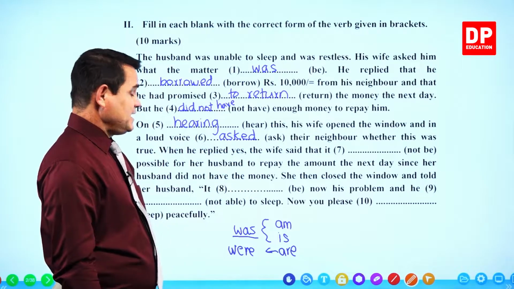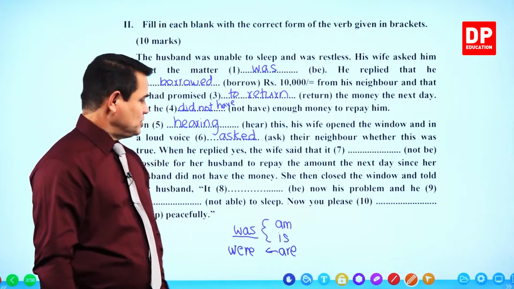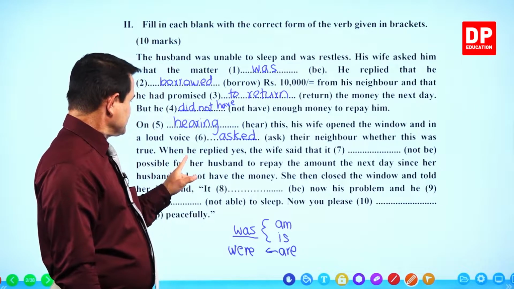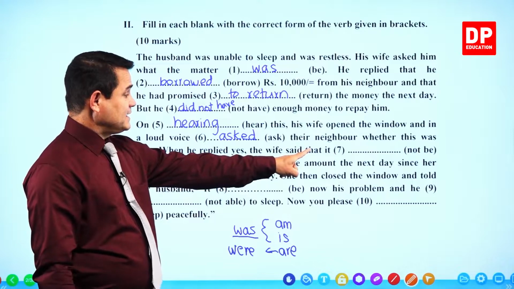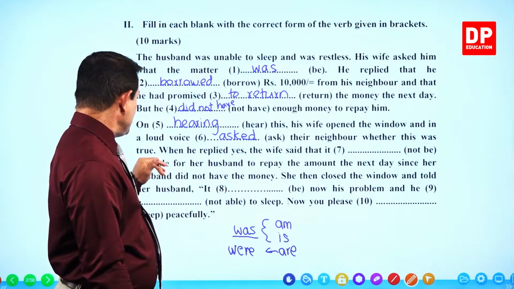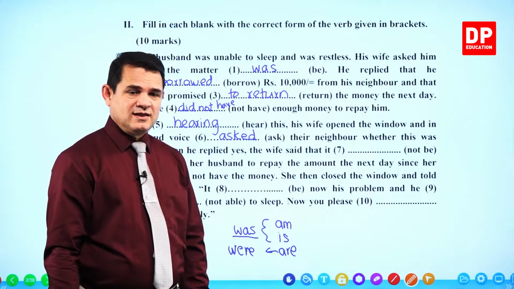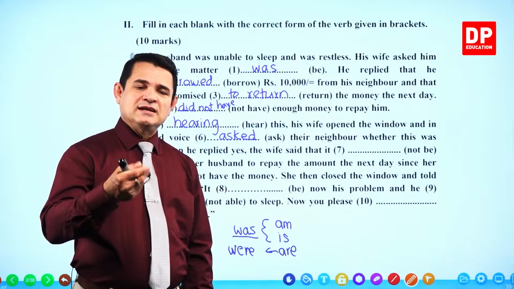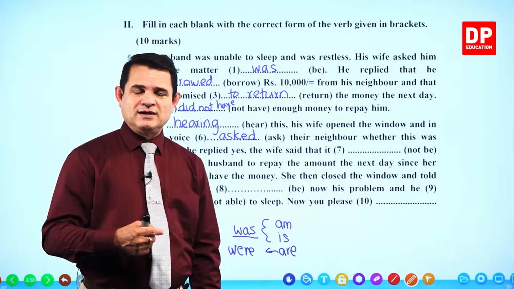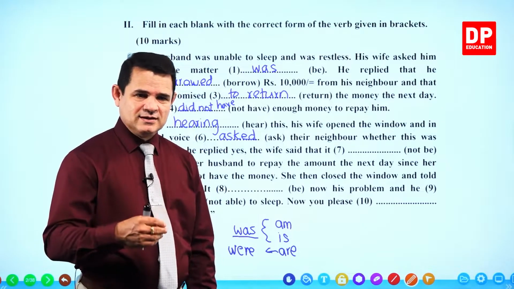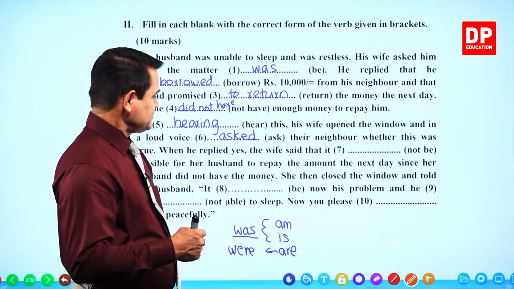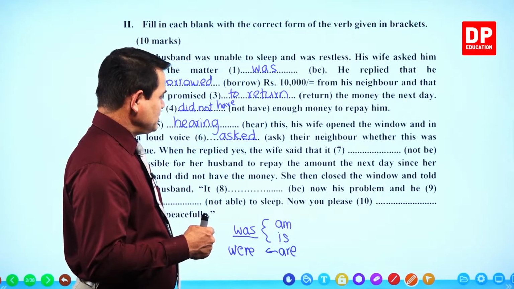When he replied yes, the wife said that it not be possible for her husband to repay the amount the next day.